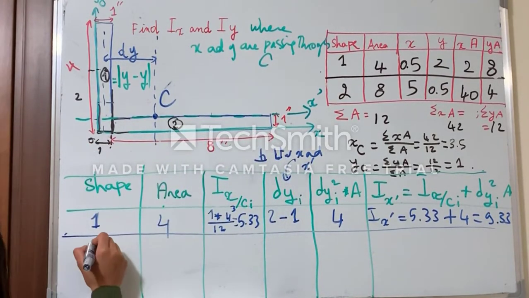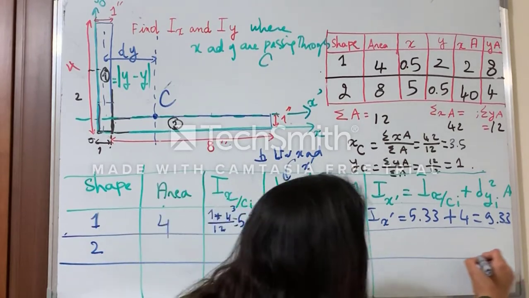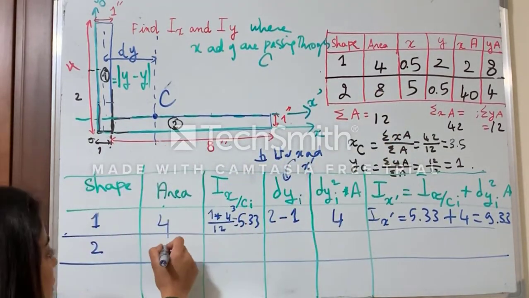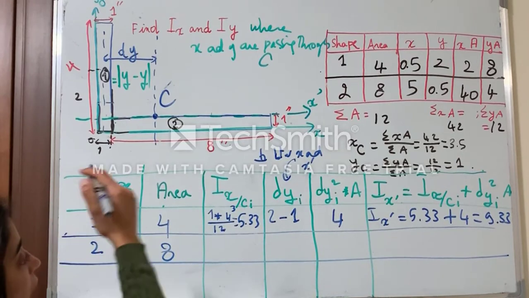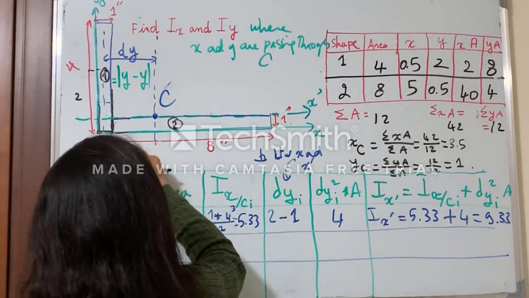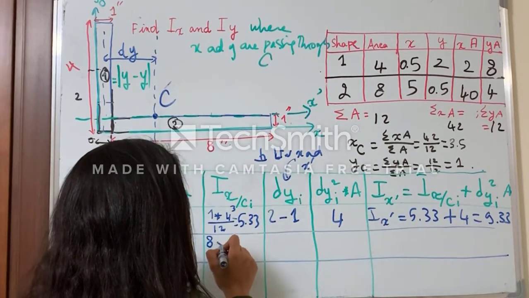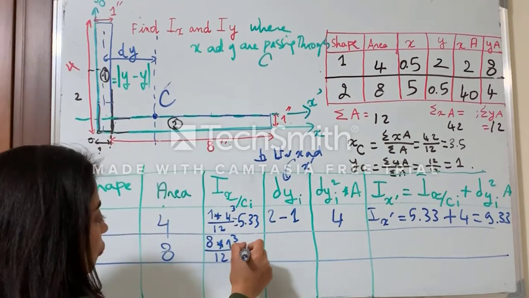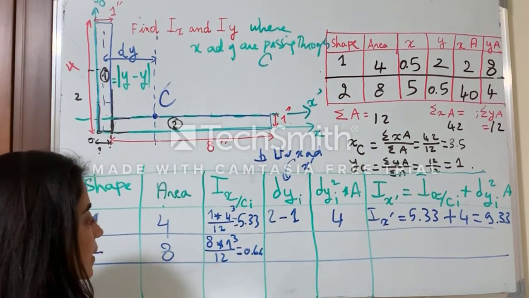Now, for the second shape, I should do the same. So basically, the area of the second shape is 8. Ix of the second shape is bh cubed over 12. Now b here is 8 times 1 cubed over 12, which means it is 8 over 12, and this is 0.666.